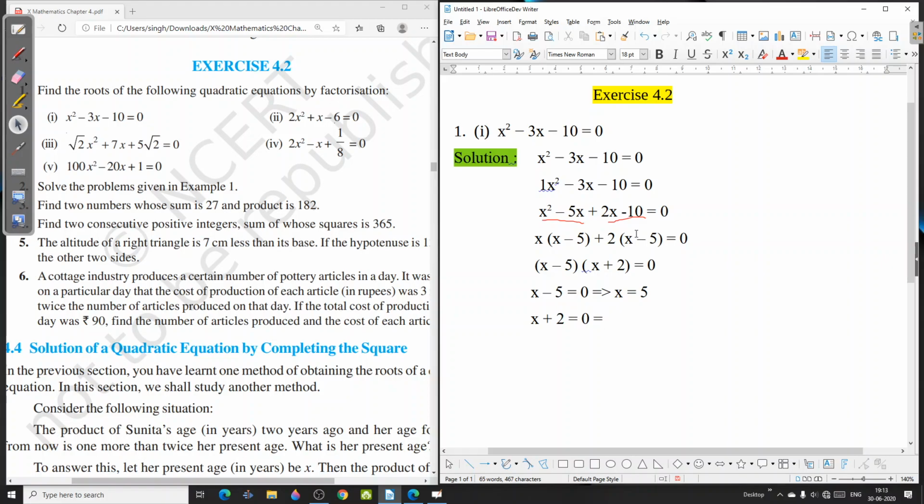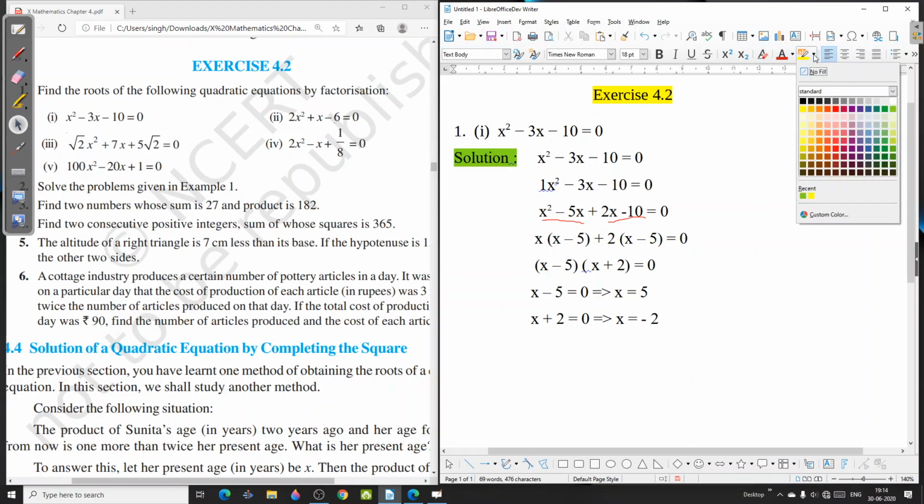Solving this, 2 will be transferred to the right hand side, and the sign will change, it will become minus 2. So we will get x equal to minus 2.